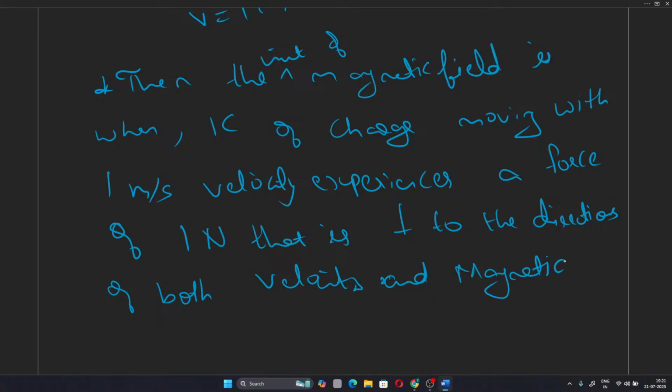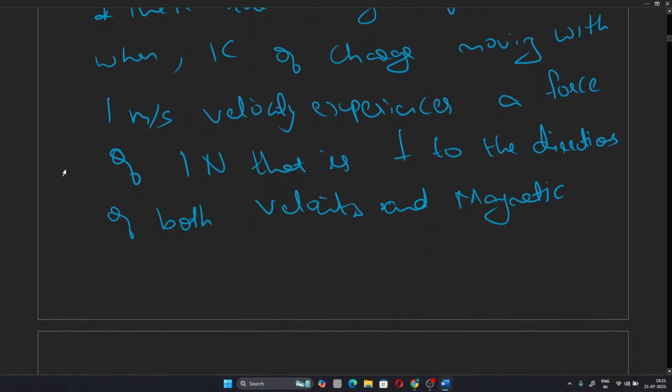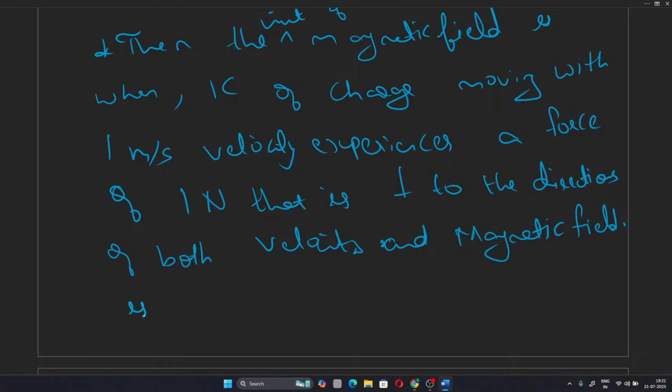This is basically defining 1 unit of magnetic field. 1 unit is defined as a unit of magnetic field.